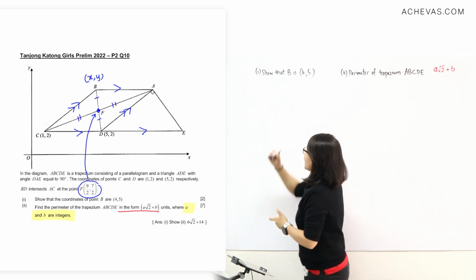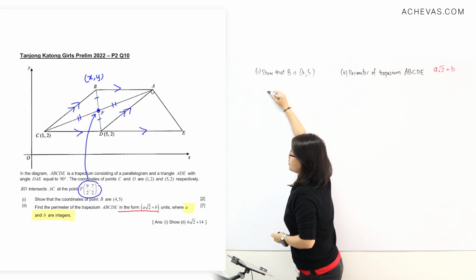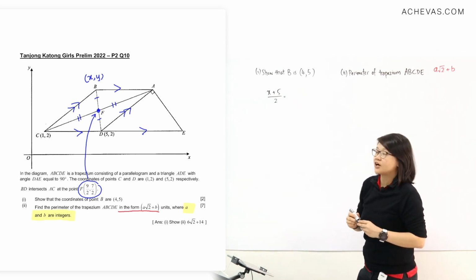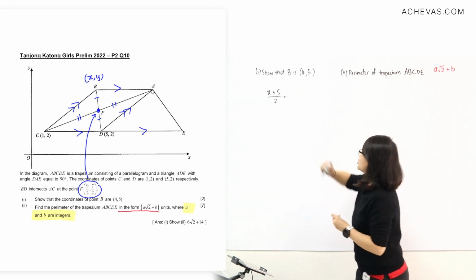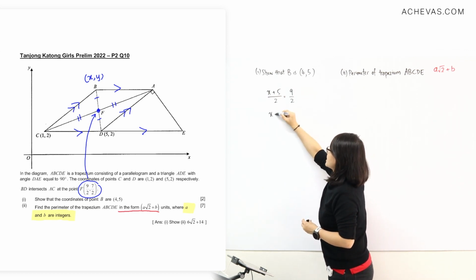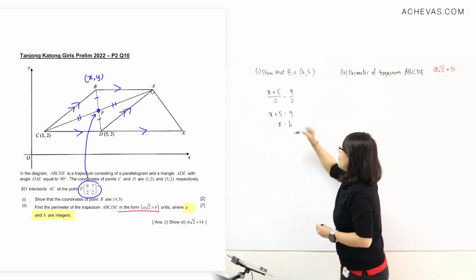So we take the average of the x value: (x plus 5) divided by 2 must equal the x coordinate of F, which is 9 over 2. Multiply 2 to both sides, x plus 5 equals 9. So x must equal 4.